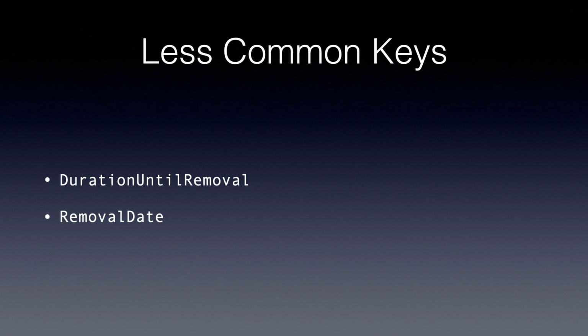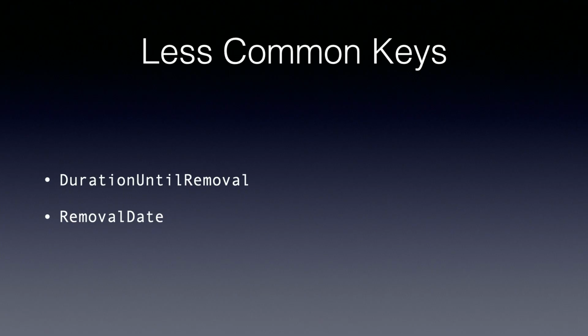Two very less commonly used keys that, so far as I can tell, go back as long as there have been configuration profiles around: duration until removal and removal date. Duration until removal is essentially the lifespan of the configuration profile on a computer in seconds from when it is installed.